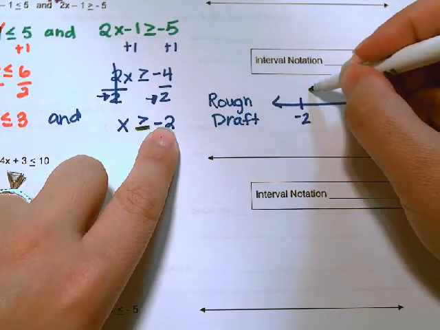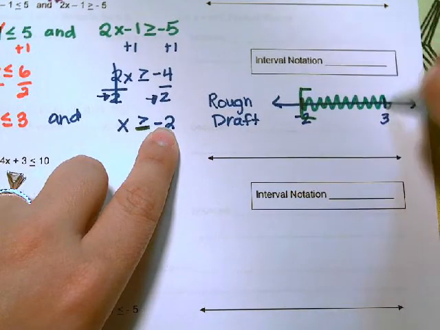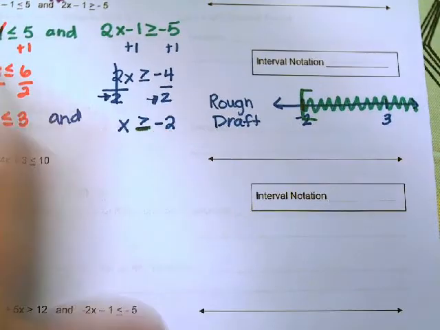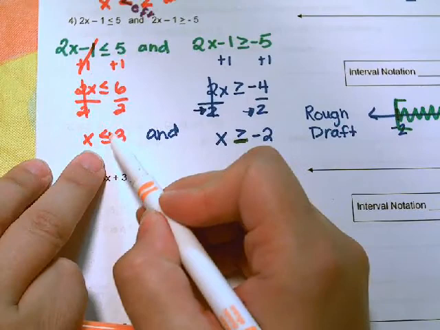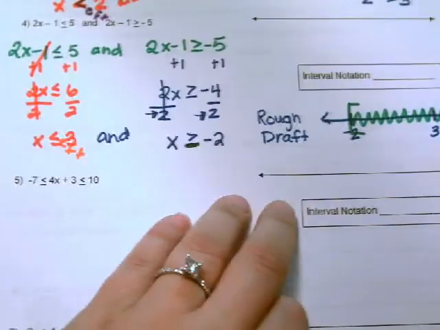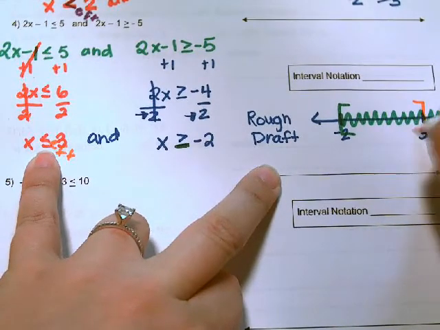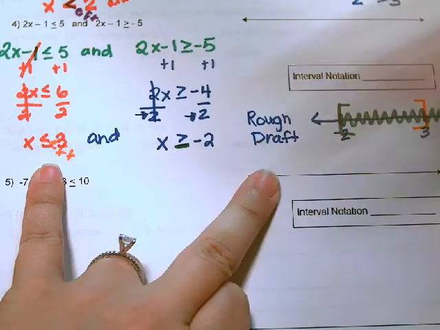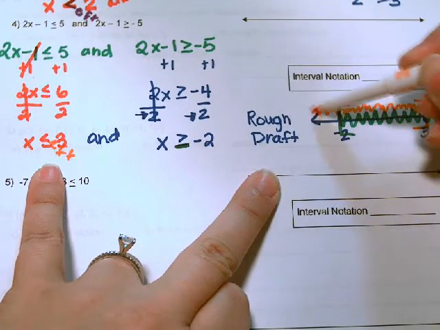So greater than or equal to -2, that would be all of these numbers. And then over here it says shade all the numbers on the left, so that are less than or equal to 3. That would be a bracket because it has the line underneath. And then all the numbers less than are over here.